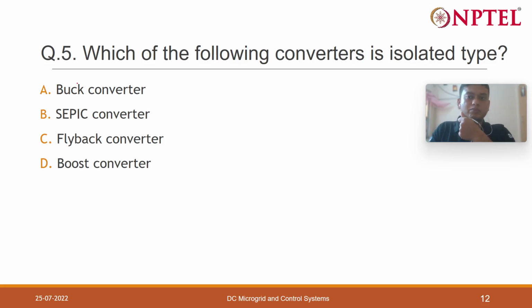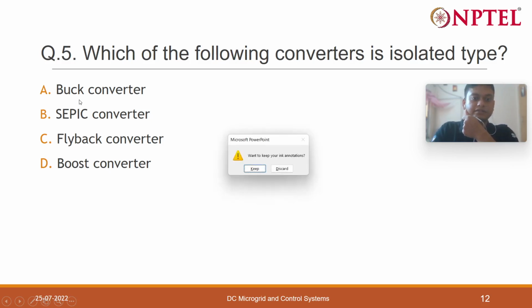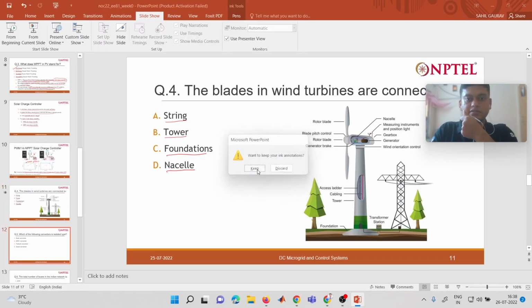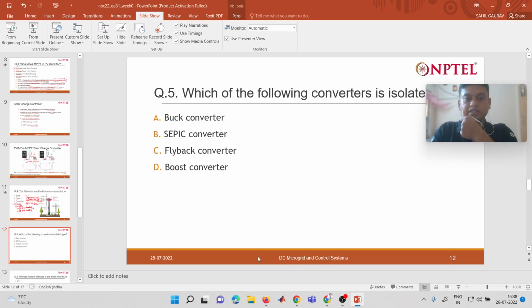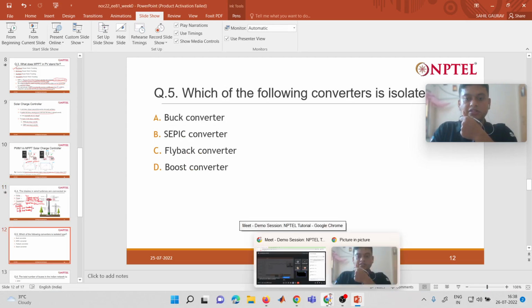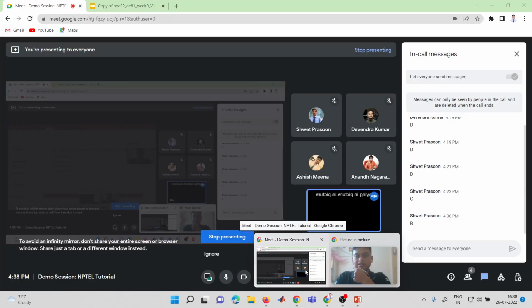So you might have gone through these converters in your undergrad or PG courses, and all these converters are DC type of converter only. So please write your answer in the chat box so that I can see.